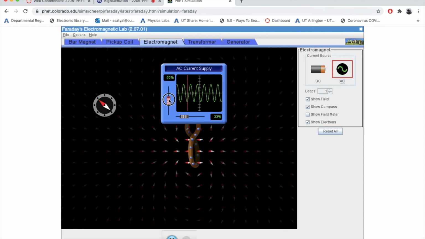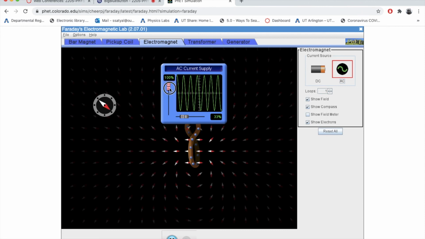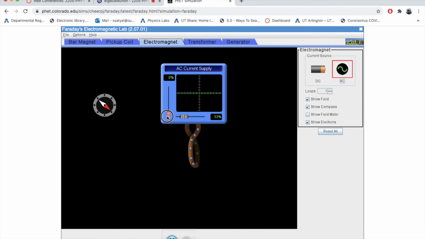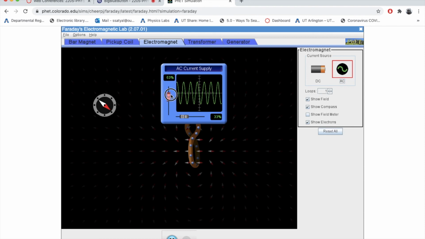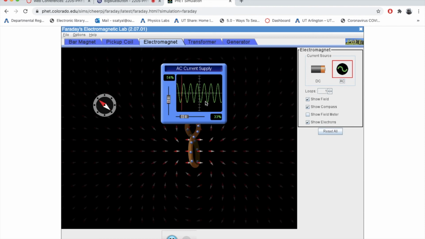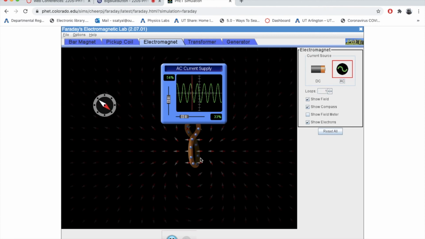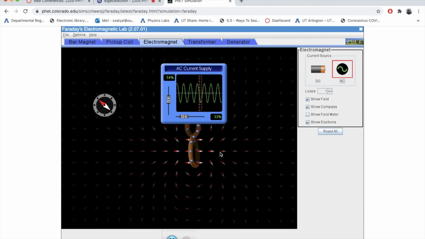I can also change the amplitude, or the peak value of the current, I naught. Here I naught is 0, versus I can get the maximum current. What you see here is the flow of the electrons and the change in magnetic field directions as the current oscillates.